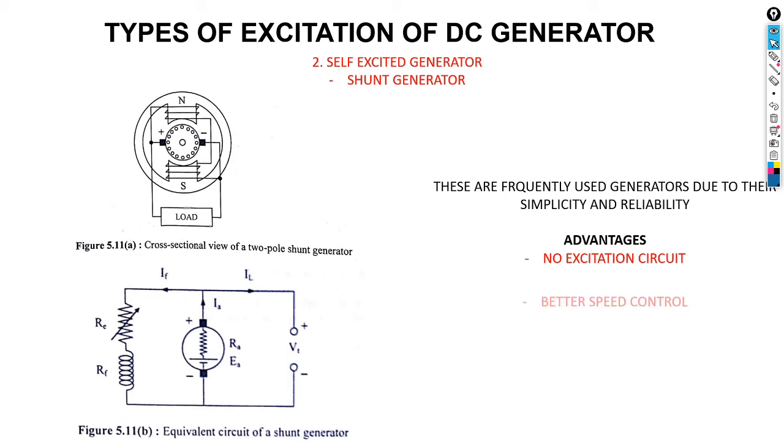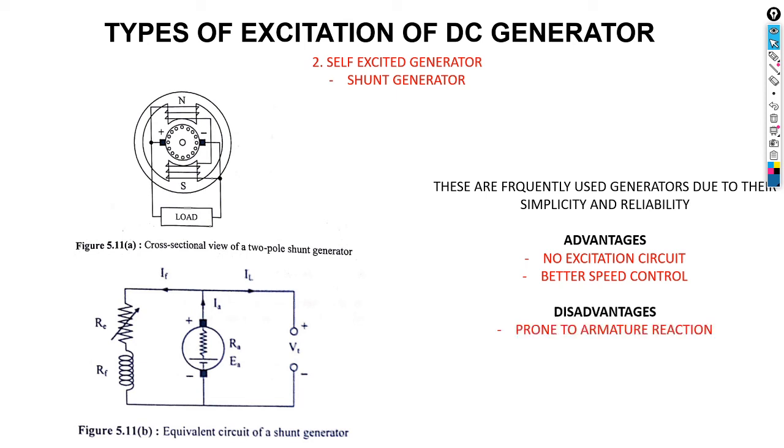And then better speed control, we can do the speed control easily when you use it as a motor. The disadvantage of it is that it's prone to the armature reaction. Okay, we're gonna talk about the armature reaction, and then as well the load must be kept minimum when we are connecting it as a shunt.